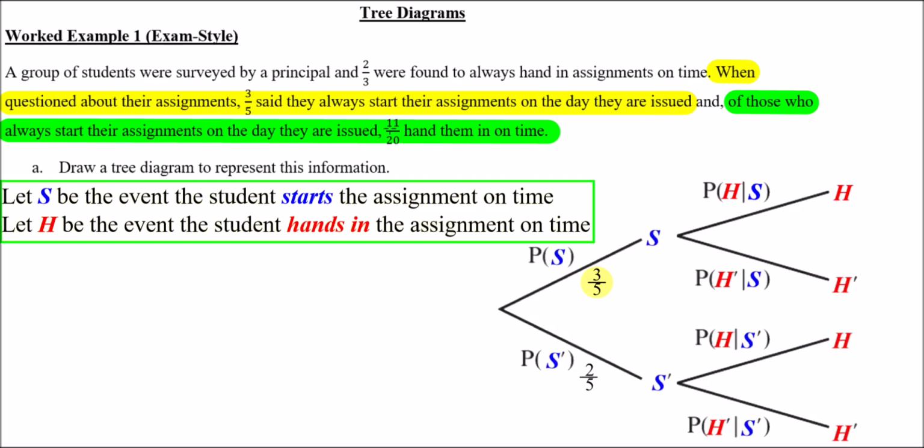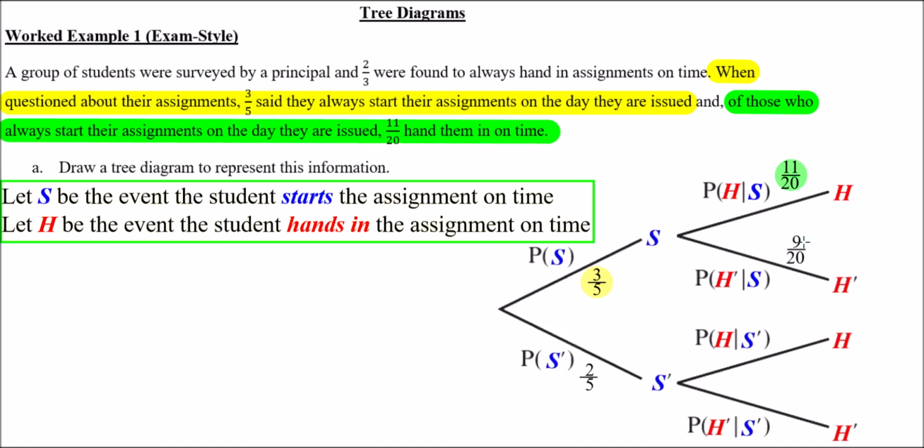So this 11/20 is actually the probability that they hand it in on time given that they started it on time. So we can add in 11/20 for this branch here. And if this is 11/20, because each set of branches needs to add up to 1, this branch here, H dashed given S, must be 9/20.